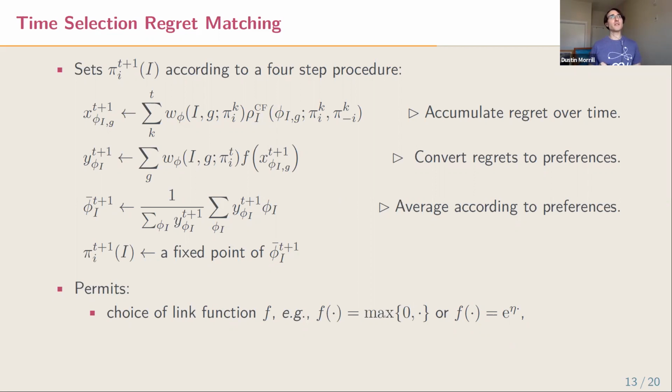Whether or not, so it is true. How does it depend? I'm just thinking now about the bound. I'd have to double check whether or not the link function impacts the bound's dependence on the number of these weighting functions, or the number of different deviations that reach this information set. I think it doesn't, but I would have to go through the analysis on that.